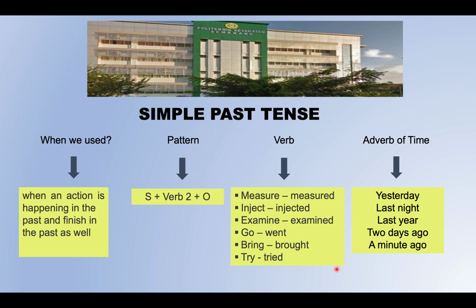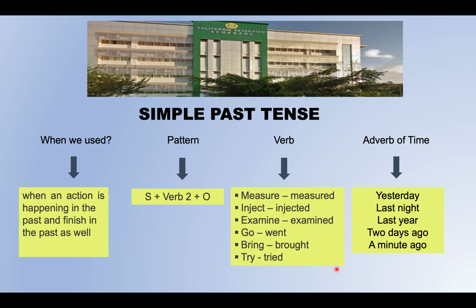Generally, verb 2 is constructed of verb 1 plus ed. But we also have irregular verb 2 that is changed from the verb 1 to be verb 2, but not with adding ed over there.